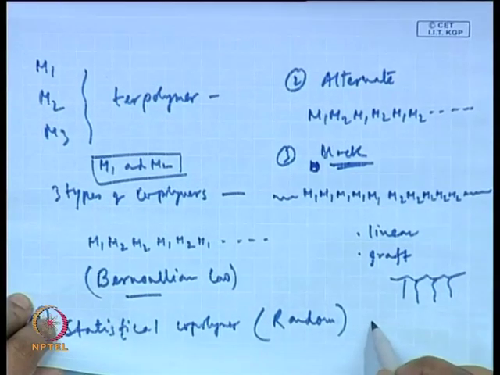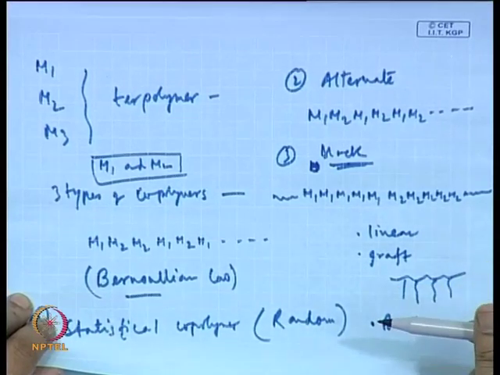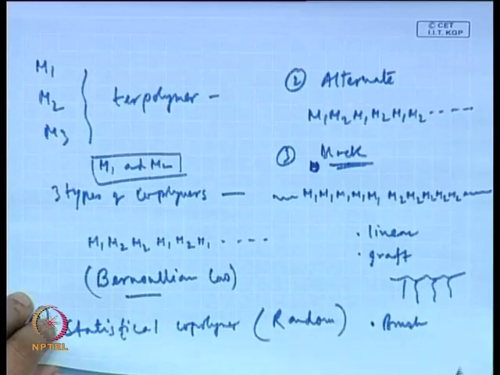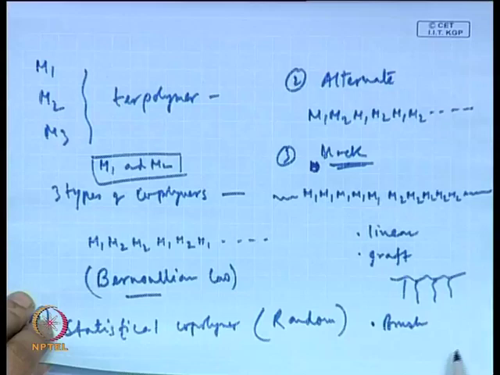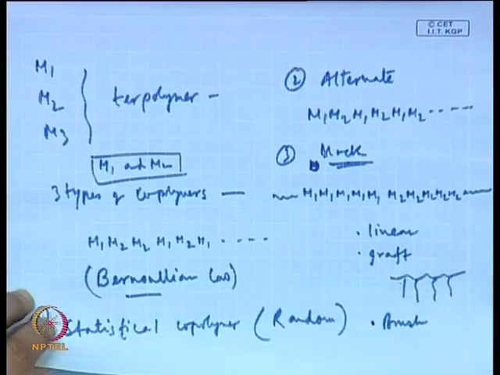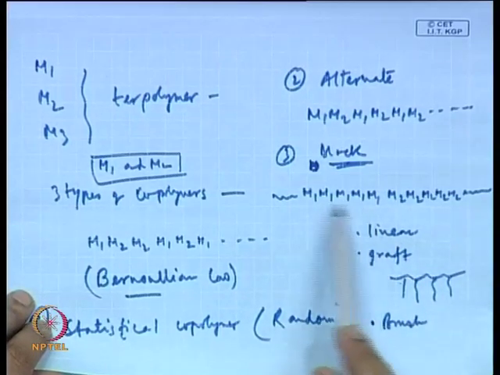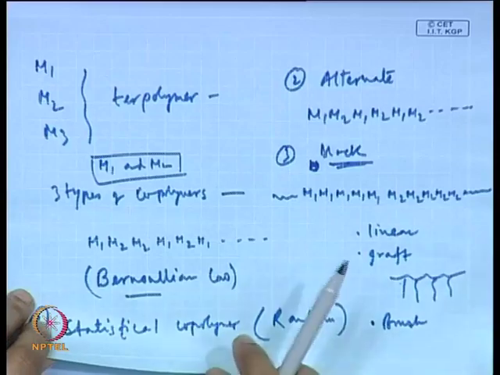It could have brush arrangement, where we project it to two dimensions, where you have a surface of A and the brushes are hanging off of the other monomers. So, you can extend this graft polymer into another dimension to get brush copolymer. These are all block copolymers which have a long sequence of two different monomers.